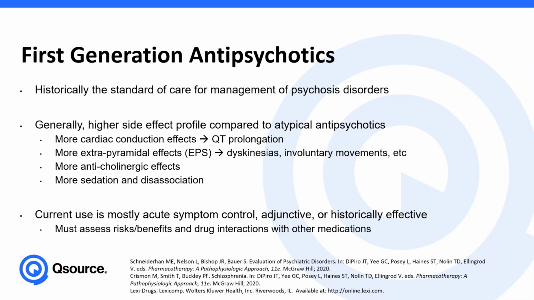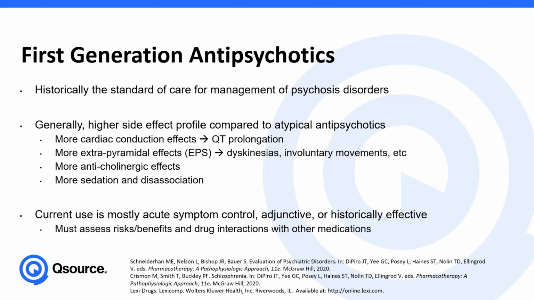We see more cardiac conduction issues, including QT prolongation. It's important to note that in our patient population, in the long-term care setting, we do tend to have more medically complex patients. Sometimes we have more elderly patients, but certainly we have patients that are on many medications. And there are a lot of medications out there, not just antipsychotics, that cause QT prolongation.